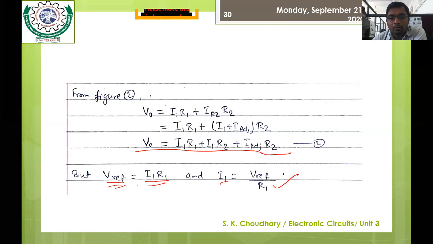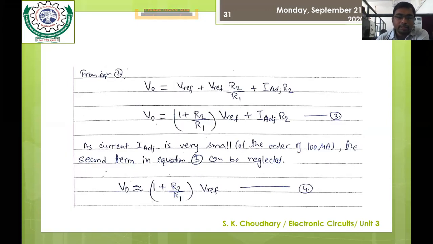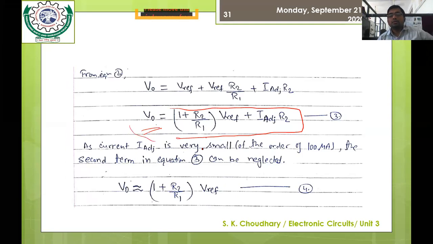So V0 is equal to V reference plus V reference into R2 upon R1, plus I adjustable into R2. In this way, finally, we have defined the formula of V0, that is (1 plus R2 upon R1) into V reference plus I adjustable into R2.